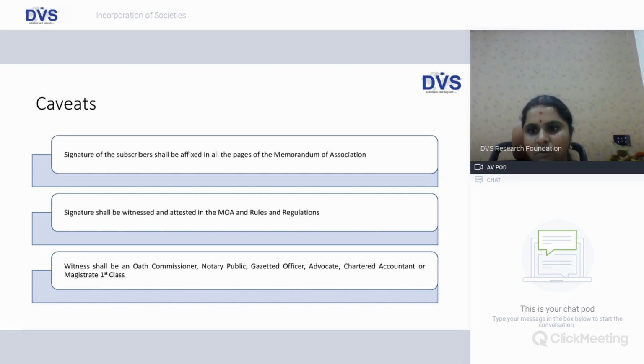The subscribers or the founding members shall attest all the pages of the MOA. And the signature shall be witnessed and attested in the MOA and also the rules and regulations. The witness shall be an oath commissioner, notary public, gazetted officer, advocate, chartered accountant or a first class magistrate.